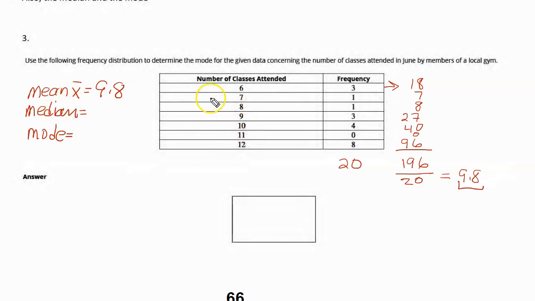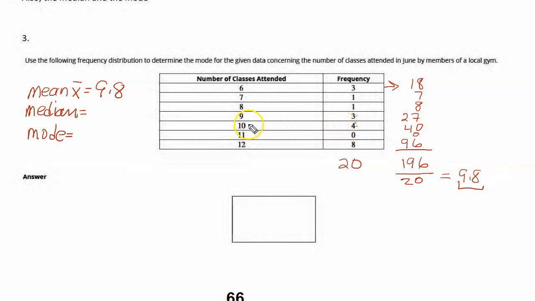All right, now for the median, we have our frequency. We're going to take half, which is between 10 and 11. So here we have 3, 4, 5, 6, 7, 8, 9, 10, 11. 11 is right there.